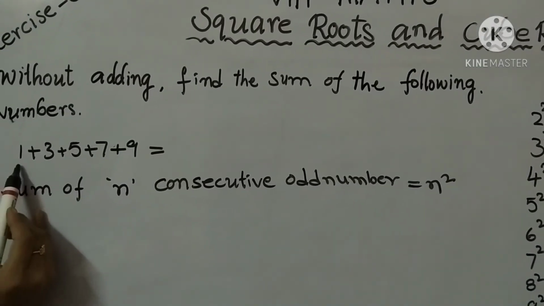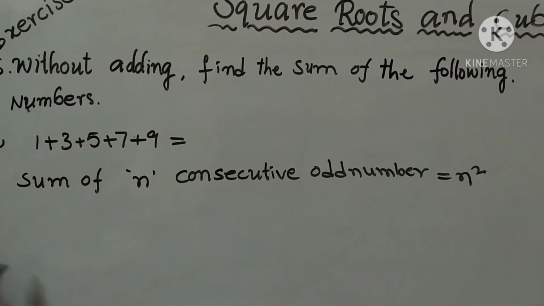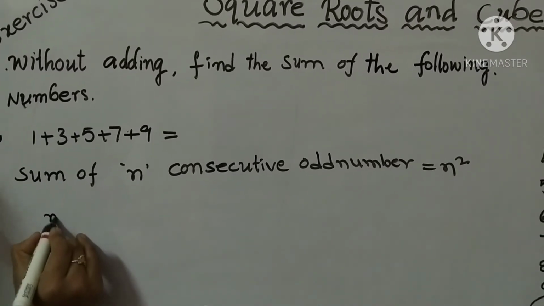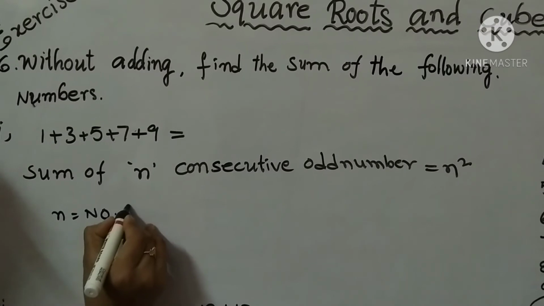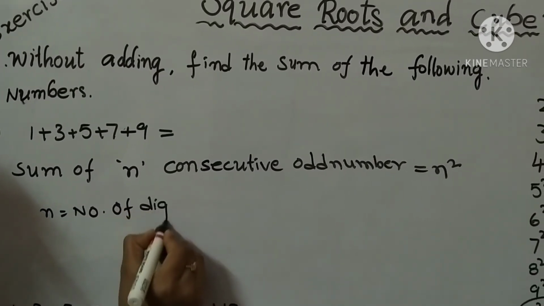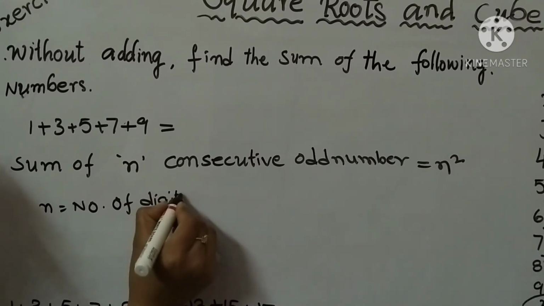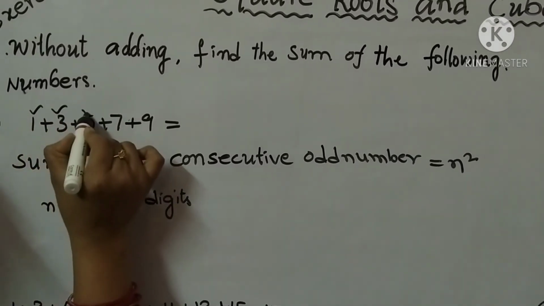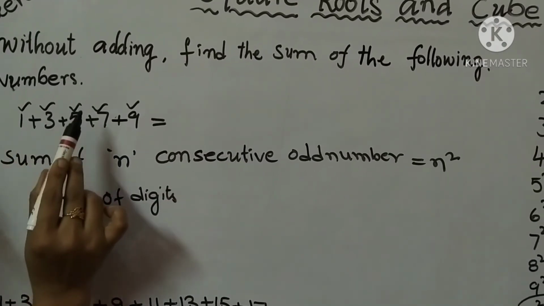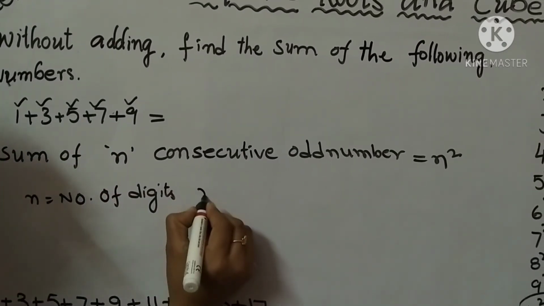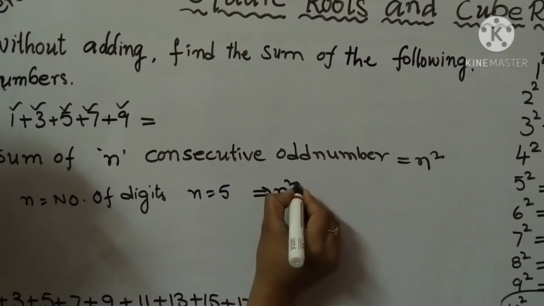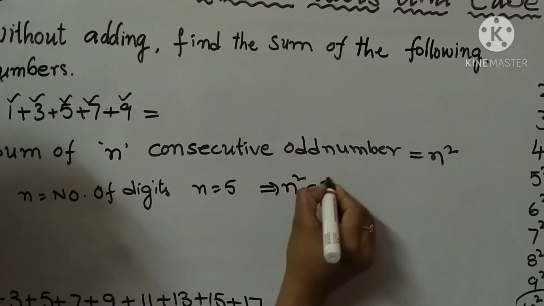All the given numbers are odd numbers, and in this formula n equals the number of terms. 1, 2, 3, 4, 5 counting numbers. So here n equals 5, such that n square equals 5 square.